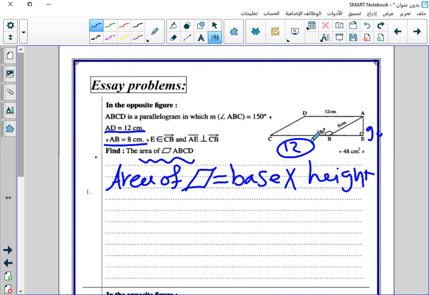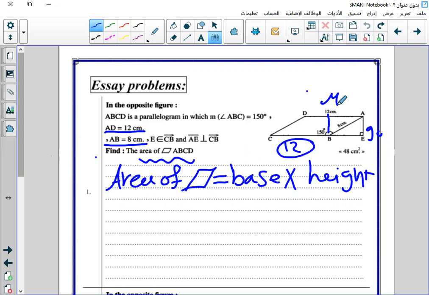Draw what? Draw a straight line. Yes, this is a line segment. Let's say BM. This is M.